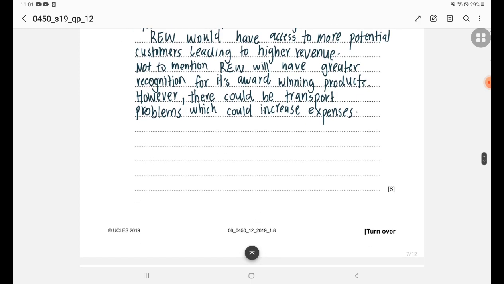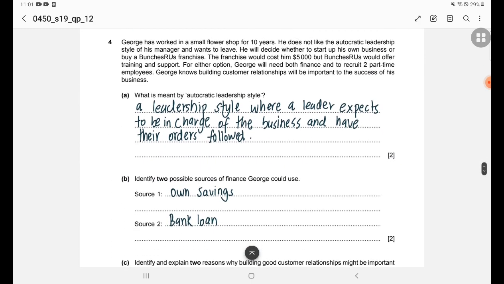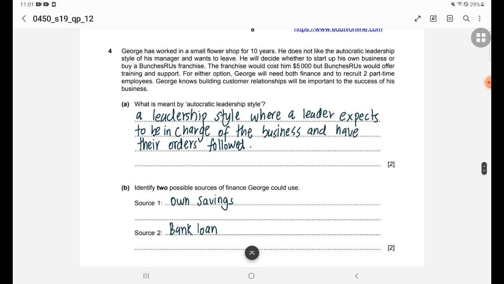Okay. All right, next, the last question of this paper, question number 4. So, George has worked in a small flower shop for 10 years. He does not like the autocratic leadership style of his manager and wants to leave. He will decide whether to start up his own business or buy a Bunches Rose franchise.